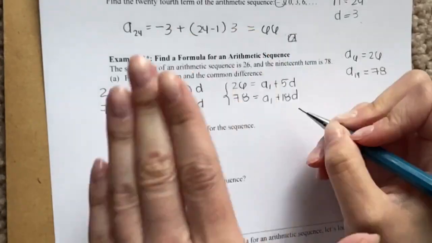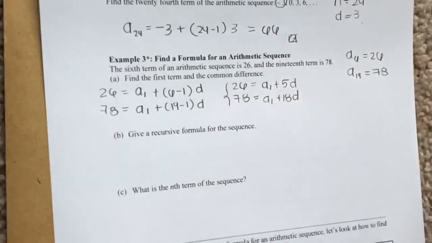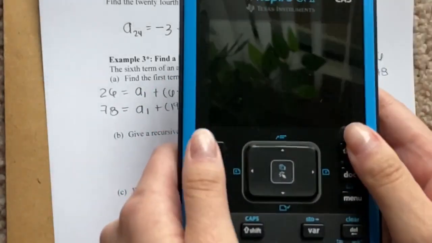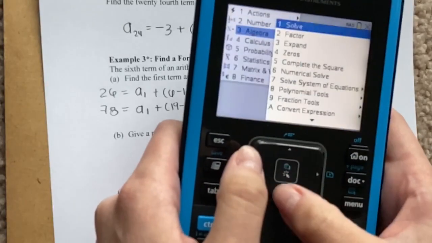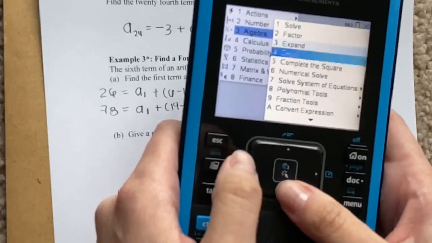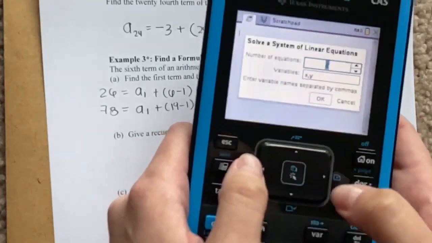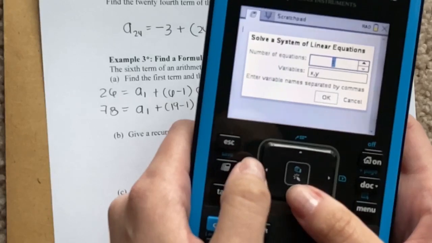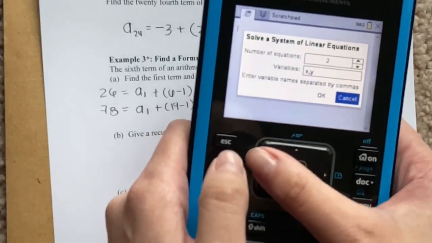You can just solve it as you wish, with substitution, whatever you want. I'm going to just do it here in the calculator. I'm going to go to calculate, menu, algebra, and then solve the system of equations. I know that this is a system of linear equations with two variables, so I just leave it as x and y.